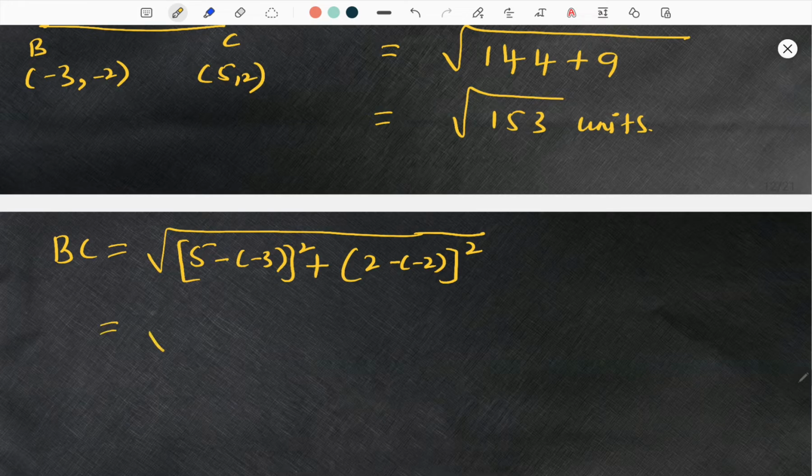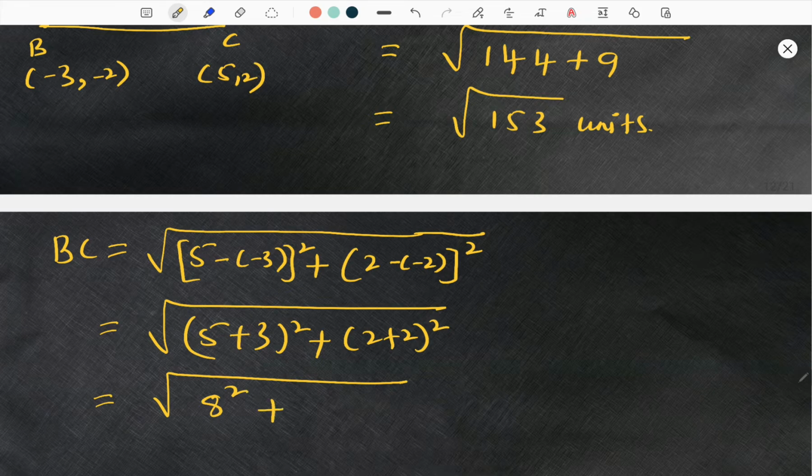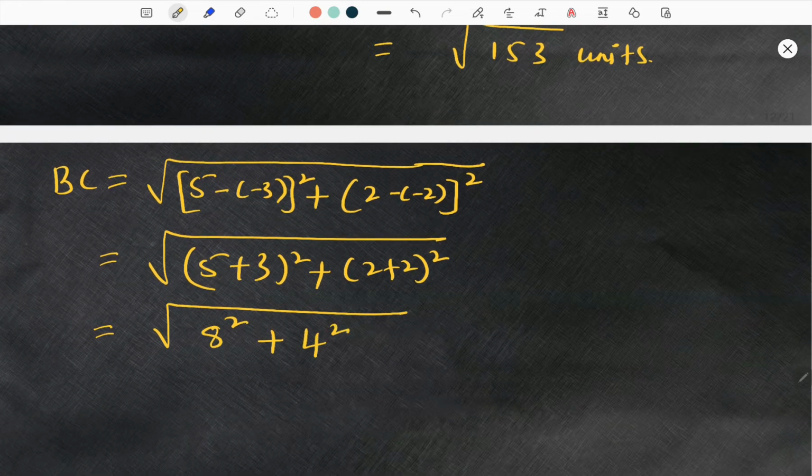That's what I have written here. Under root it becomes 5 plus 3 whole square plus 2 plus 2 whole square. Then it becomes under root 5 plus 3 is 8, that is 8 square. Then 2 plus 2 is 4, then that is 4 square.